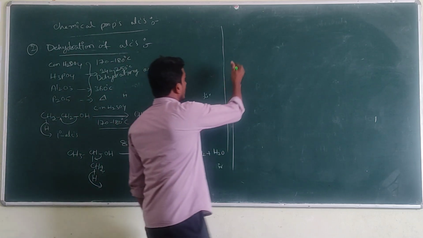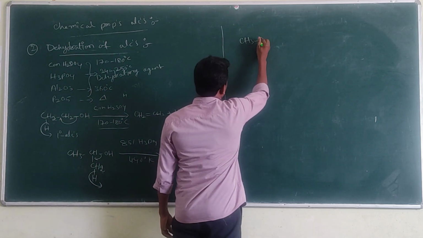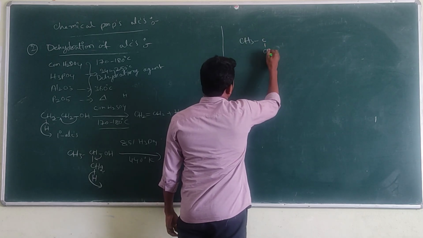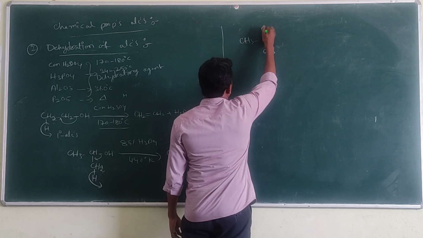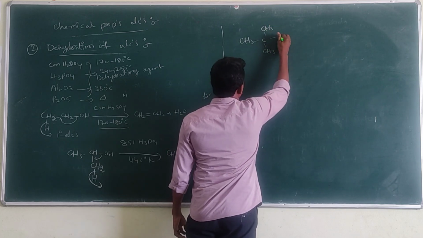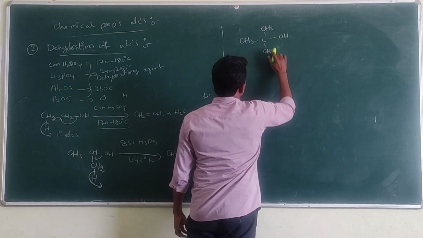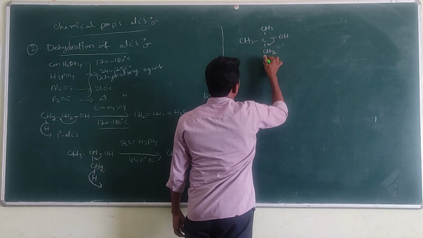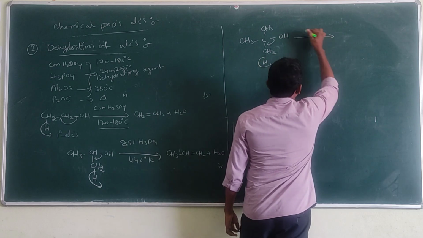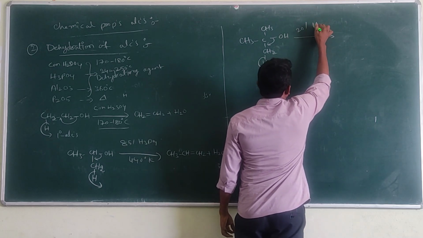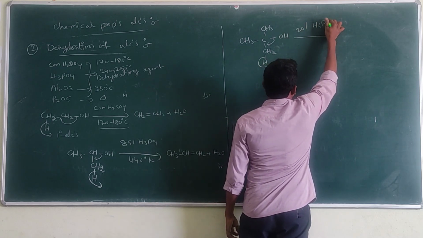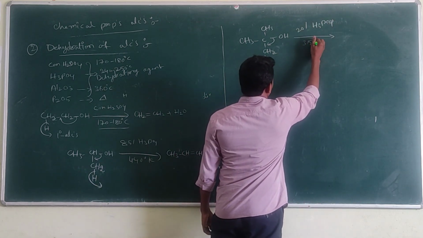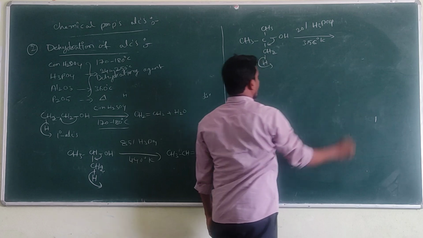In the case of tertiary alcohols, (CH3)3COH, only 20% phosphoric acid H3PO4 is required, and a temperature of 358 degrees Kelvin is enough.